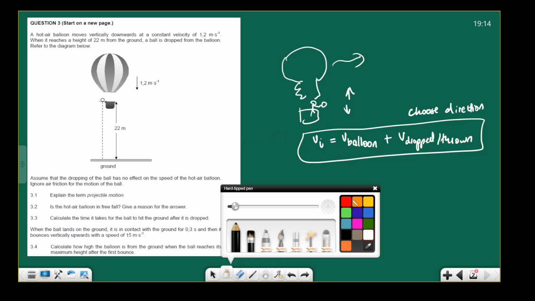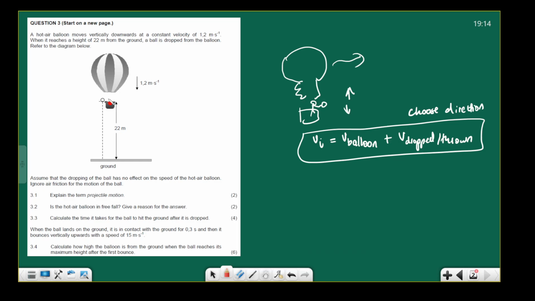Understand that before the object is dropped or thrown, it is moving at the same velocity as the balloon. But once it is dropped or thrown, its initial velocity is the velocity of the balloon plus the velocity at which it was dropped or thrown.